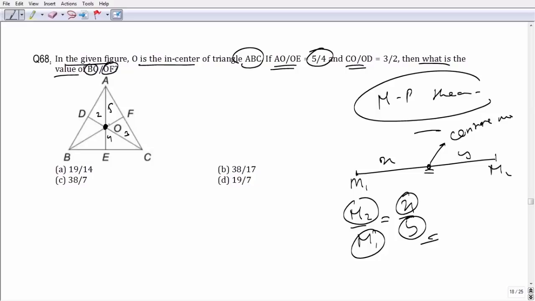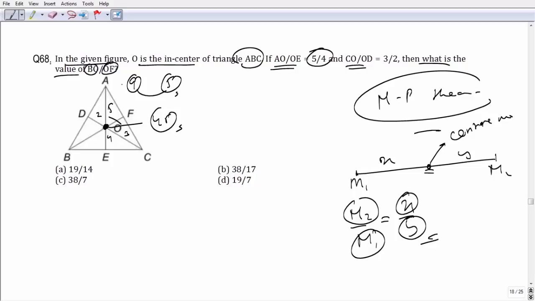And because in this ratio we'll get 9 in the denominator, and from this ratio we'll get 5 in the denominator, assuming the LCM, that is 45, to be the total mass of the whole body, which will be concentrated on the center of mass.